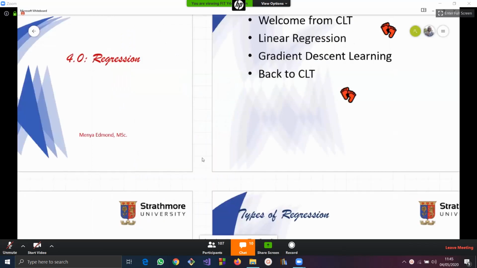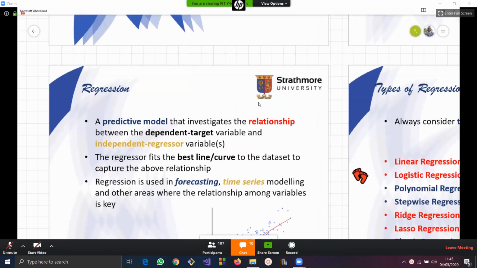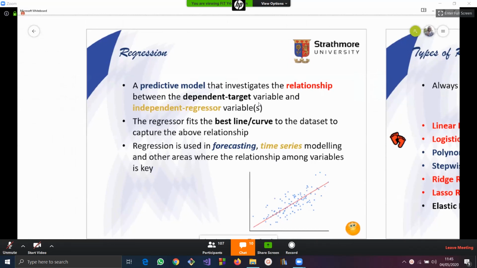So fine. Basically, you can read through, but I just want to explain what you need to know. And the aim of doing this is that I'm going to use this to tie to some of the theoretical aspects. So regression is just a model that can be used to predict.